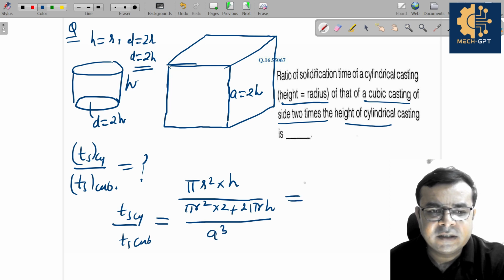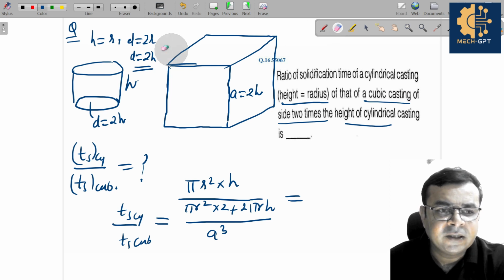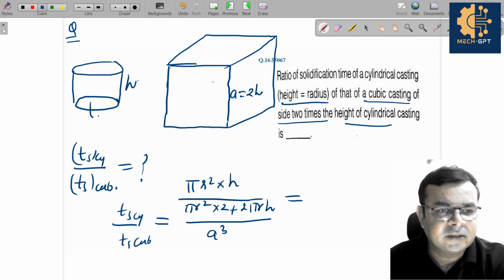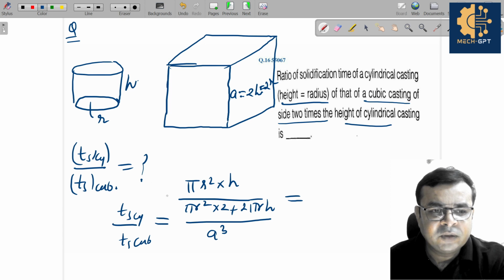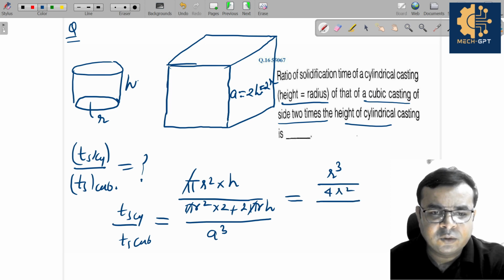Since r is equal to h, there is no need to represent this height in terms of diameter. So this is 2h, or we can say this is equal to 2 times r. You can see this pi is cancelled out. So can I say this is r cube over 2r square plus 2r square, which is 4 times r square, over 2r whole cube.